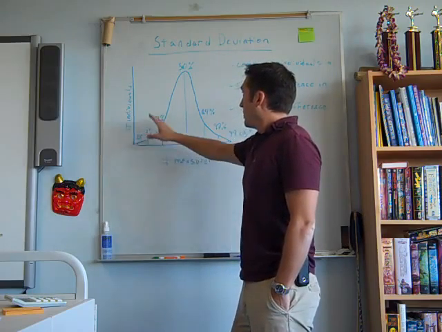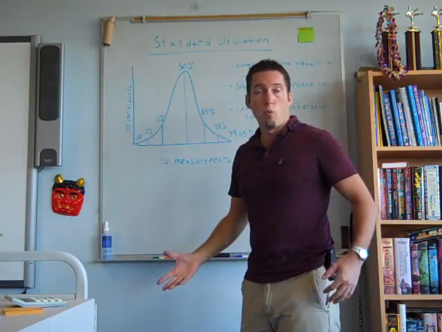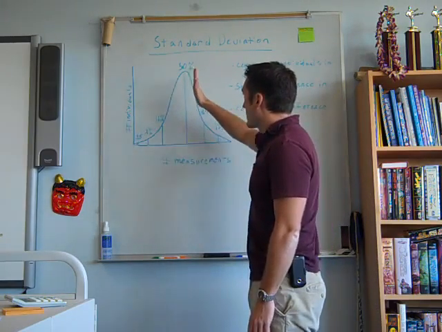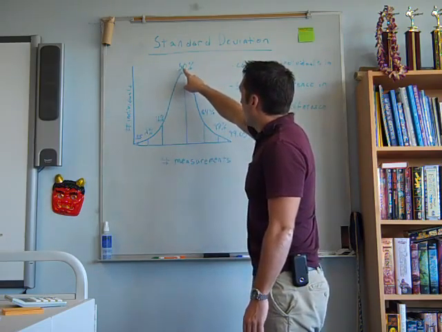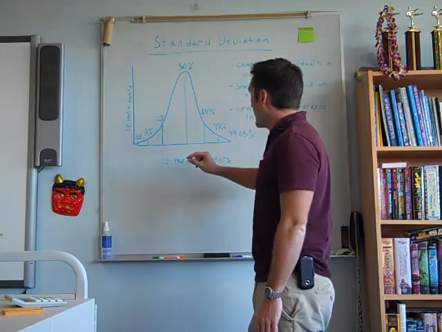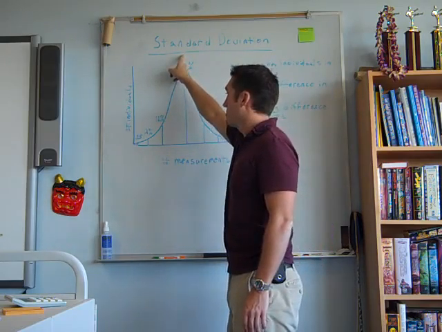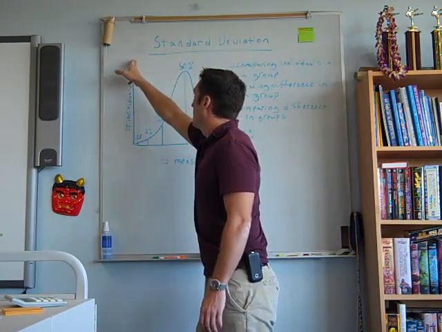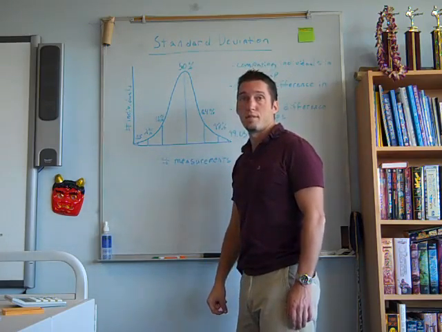When we look at the bell curve and try to understand what it's telling us, we can split it up into various divisions. If we go right down the middle of the bell curve, 50% of the measurements are this way, and 50% are this way.